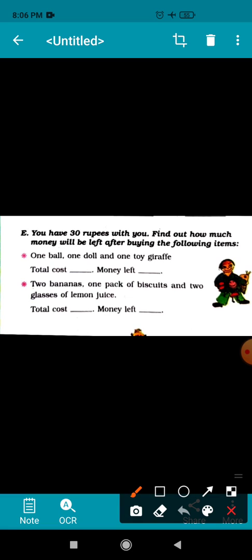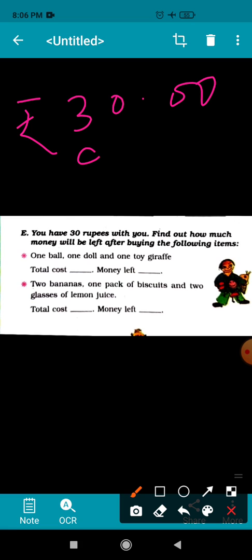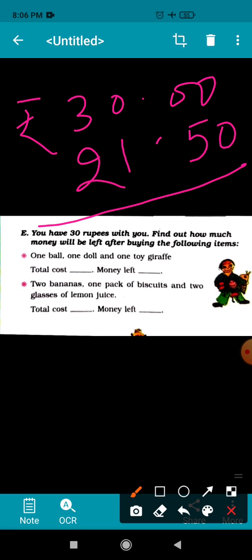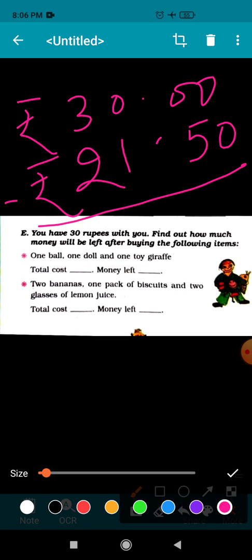Now children, you have rupees 30 and you have bought all the items for rupees 21 and 50 paisa. So what you will do? You will subtract to get the leftover amount.